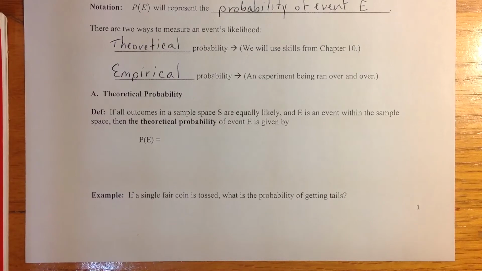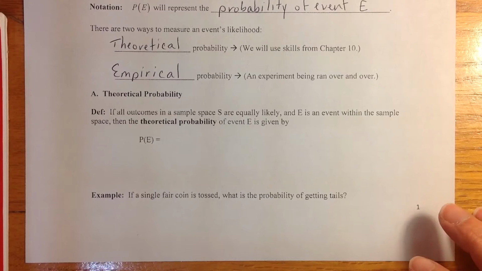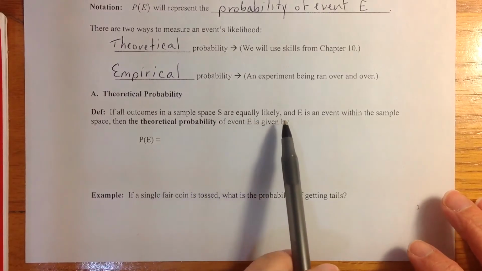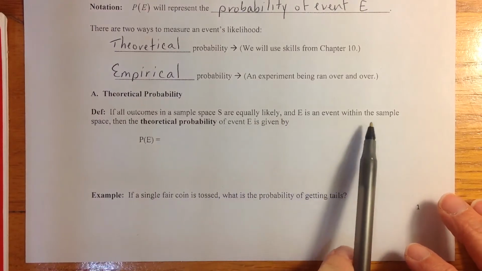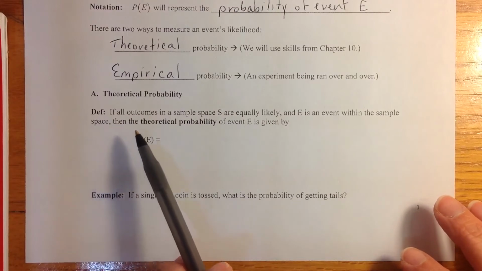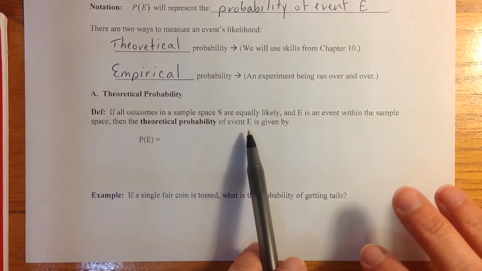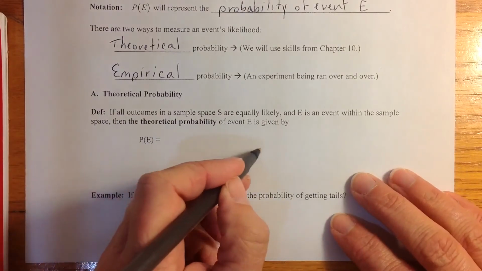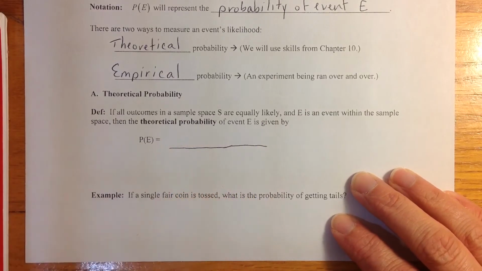So let's break these down further. Let's first talk about theoretical probability and define how probability is found using theoretical probability. So if all outcomes in a sample space S are equally likely and E is an event within the sample space, then the theoretical probability of event E is given by the following. We're going to produce a fraction.